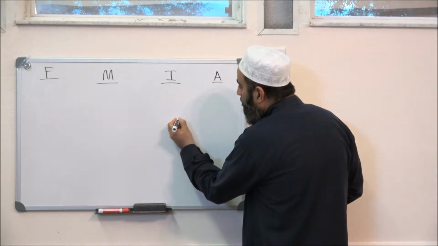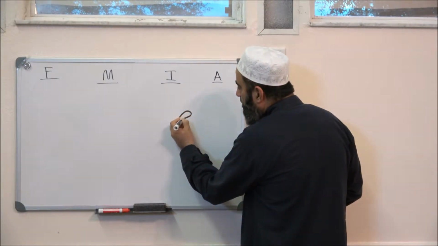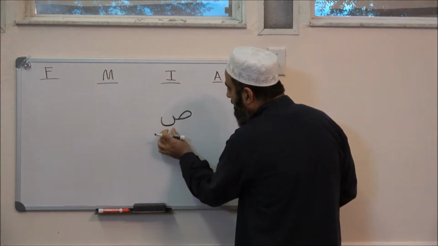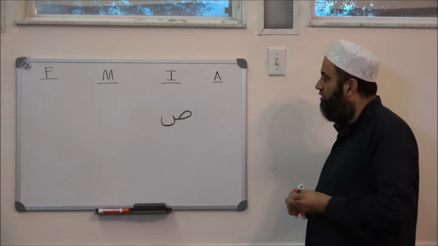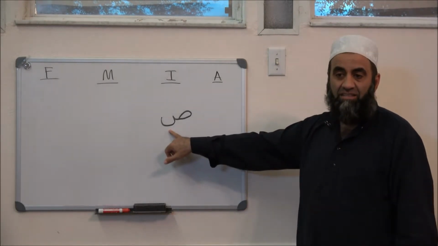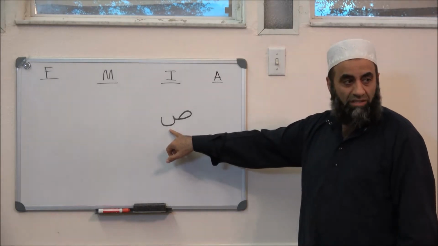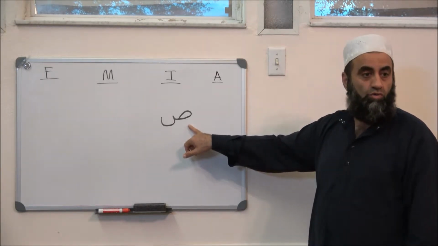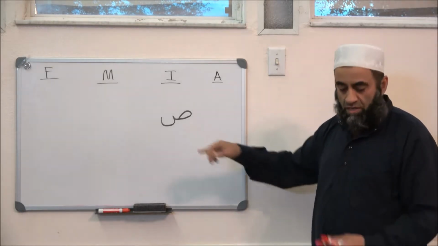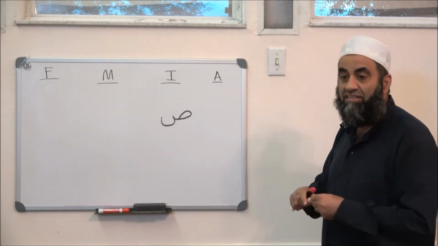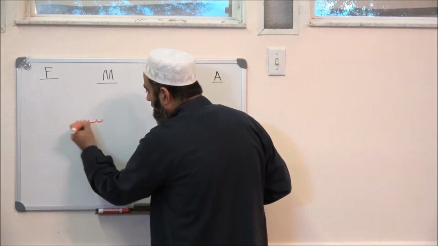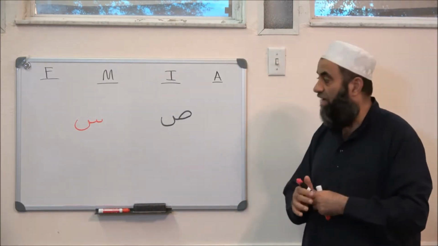It is made with a globe and the part that we saw in the sin, which is the pot. So this is Sad. Now compare this to the delicate letter sin. We just covered sin.